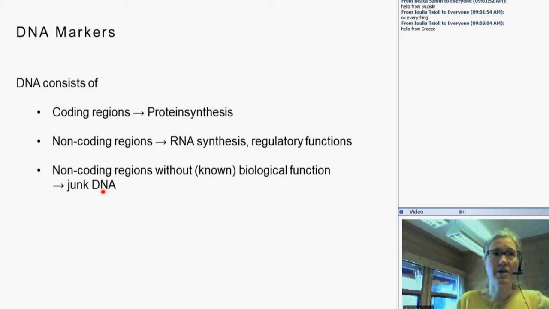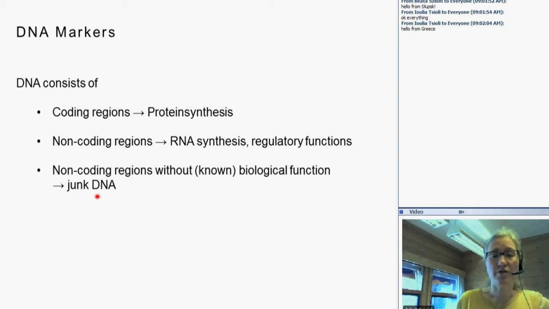There are some theories or hypotheses as to why it's still there. Some say that it's leftovers from our evolution. So at some point they had a function, but during evolution they lost the function. There were maybe some mistakes in the process of replicating the DNA, and they just lost the information.